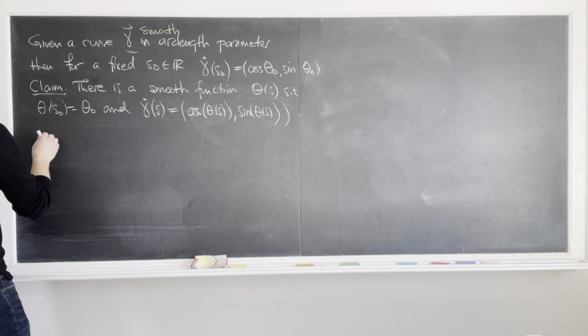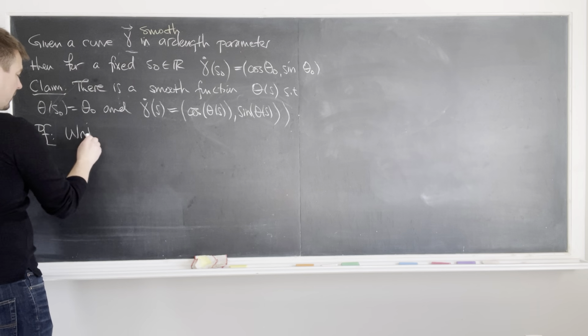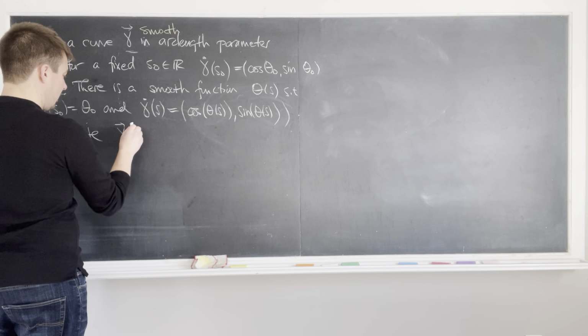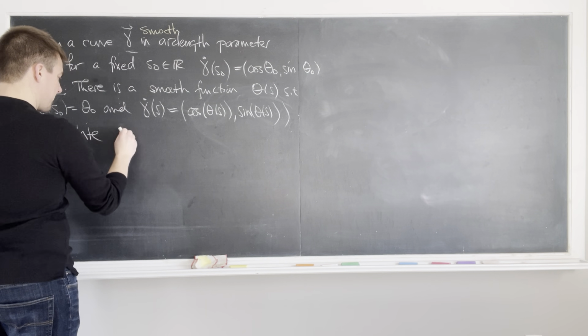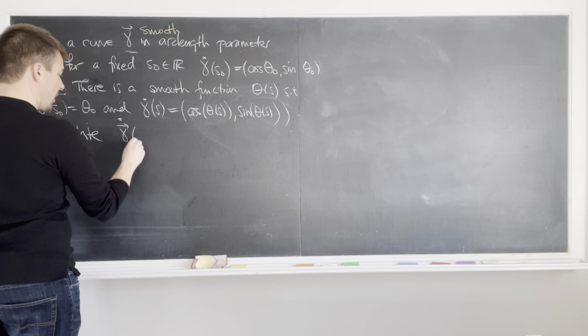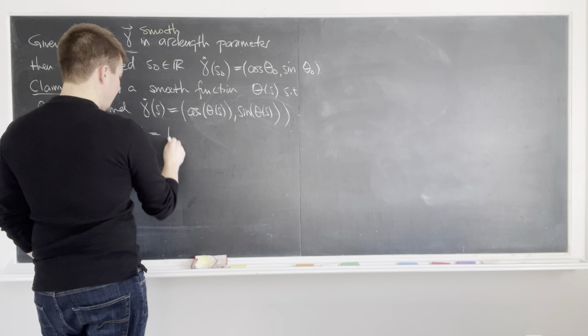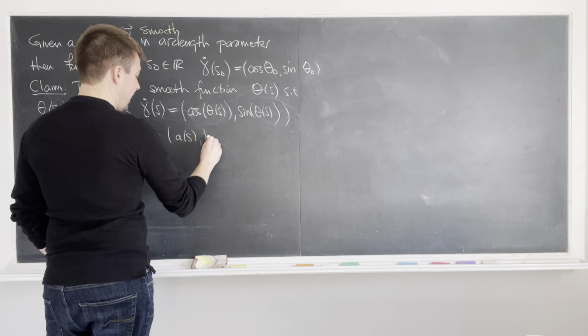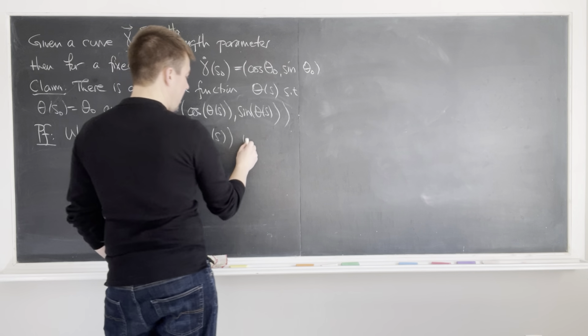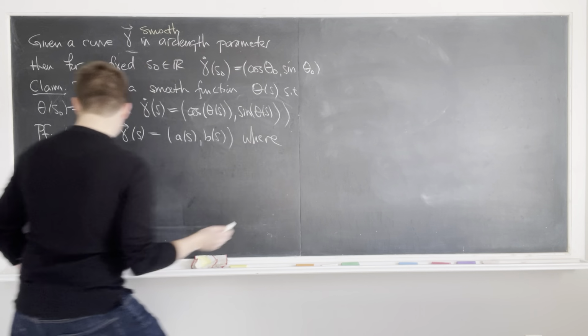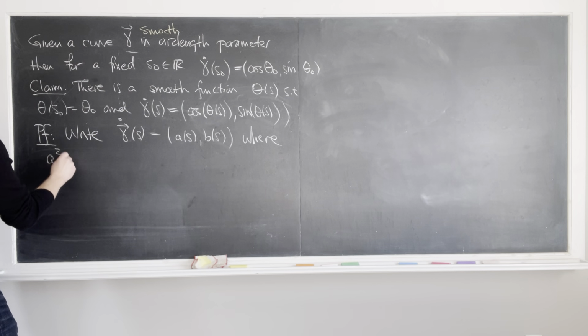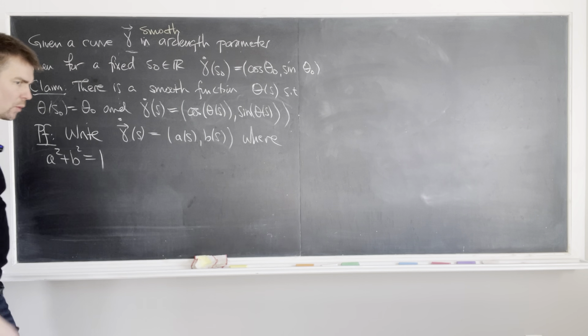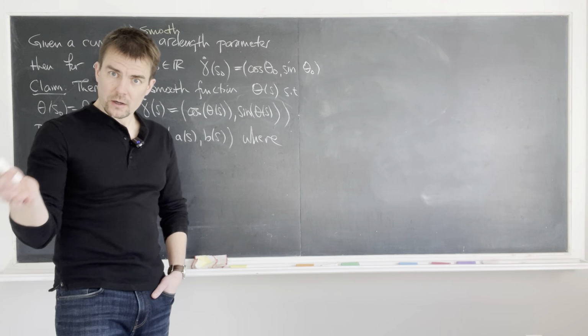So we know, proof, we can write gamma dot of S as a function A of S and then B of S, where A squared plus B squared is equal to 1. Okay, that's what it means to be a unit vector, an arc length parameter.